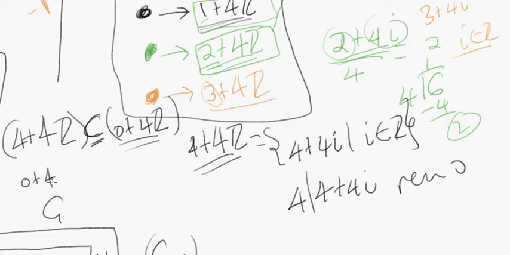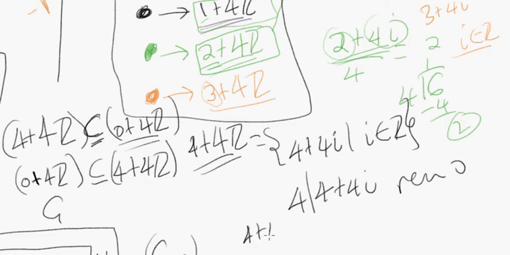How about 0 plus 4Z? We're trying to check: is 0 plus 4Z a subset of 4 plus 4Z? Because if we check these two things, then we might be able to conclude that 4 plus 4Z equals 0 plus 4Z.